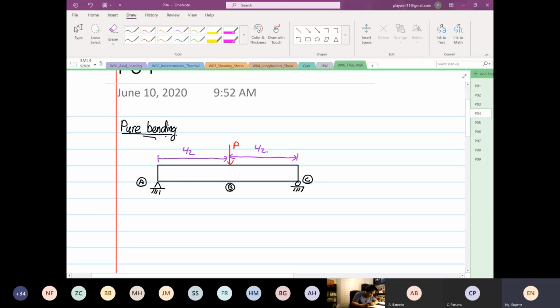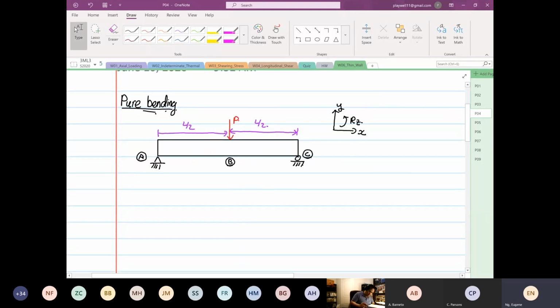So for this case, if I draw a transformation, so this is our X, Y, rotation about Z. So we know at point A, Y movement is equal to 0, X movement is also equal to 0. So on a free body diagram, you have 2 reactions.